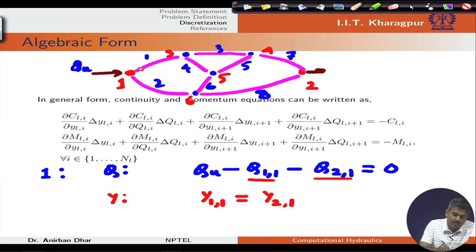That means the first section depth at channel 1 and channel 2 should be the same, provided that we have the same elevation for these two channel sections.